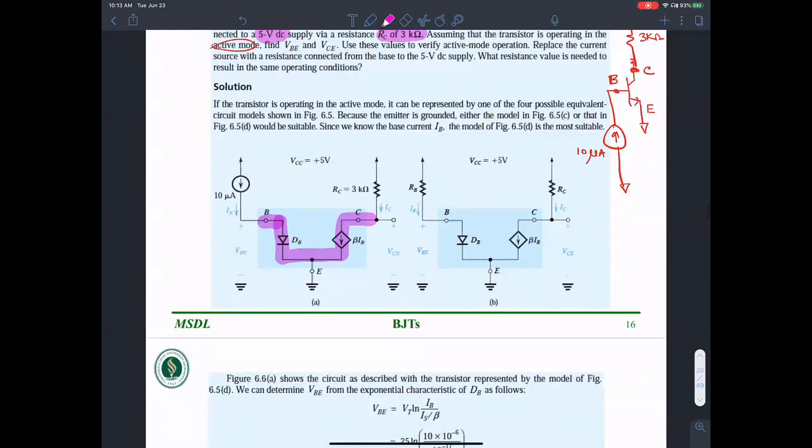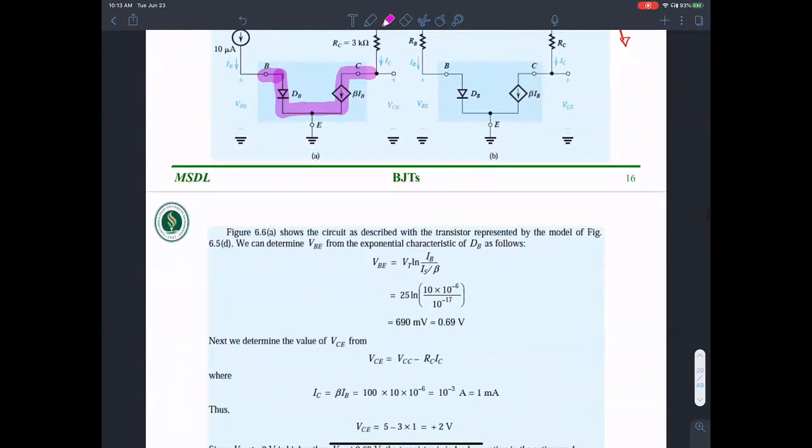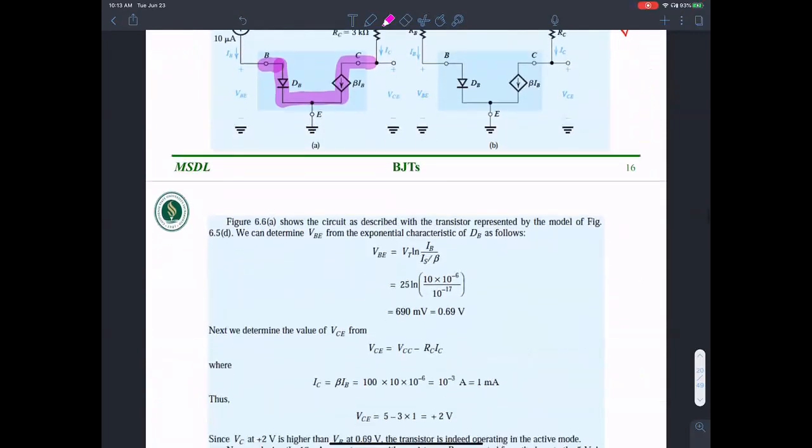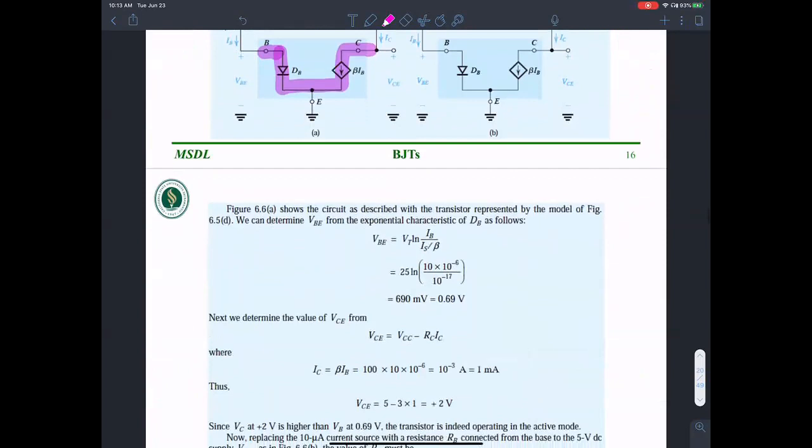The first step is to find the VBE value. How do you find the VBE value? Well, we know the equation, right? IC is IS exponential VBE over VT.